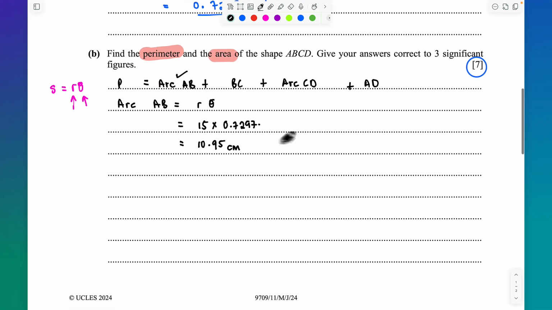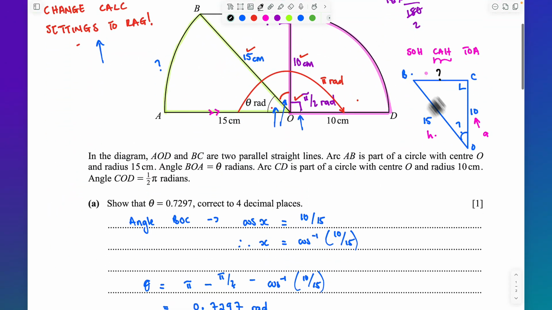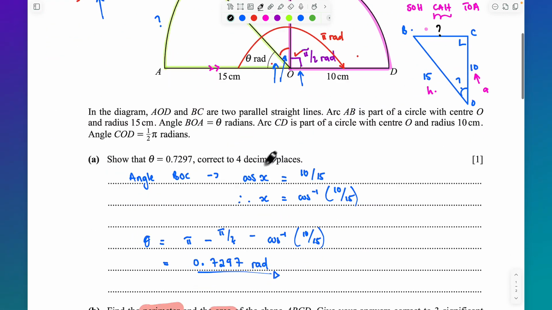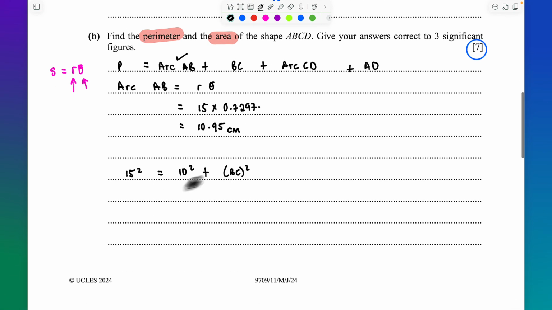Now Pythagoras tells us that the hypotenuse squared is equal to this side squared plus this side squared. So basically, 15 squared equals 10 squared plus the line BC squared. In order for us to find BC, you send the 10 squared to the other side of the equation, so now you have 15 squared minus 10 squared.